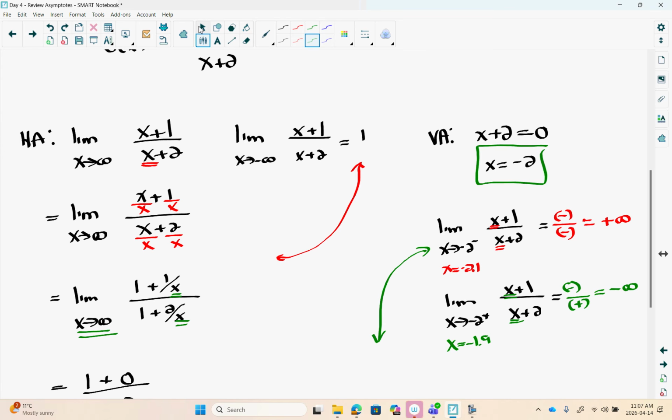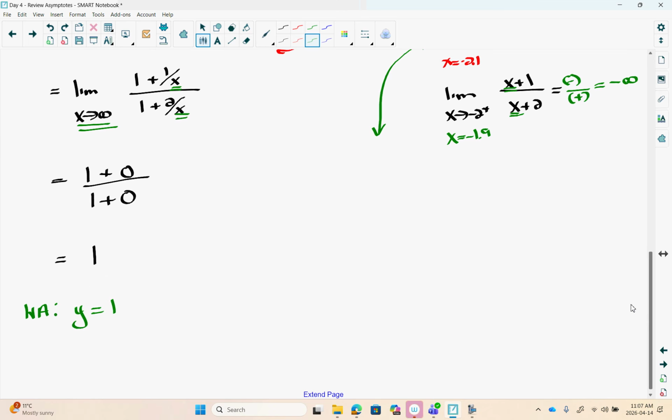Now, if I check the solutions to 17K, it says the horizontal asymptote is at y equals 1. You see that? And it says the vertical asymptote is at x equals negative 2. But then it says the following. It says, owing to the fact that x plus 4 appears in both the numerator and the denominator, the function also has a point discontinuity.